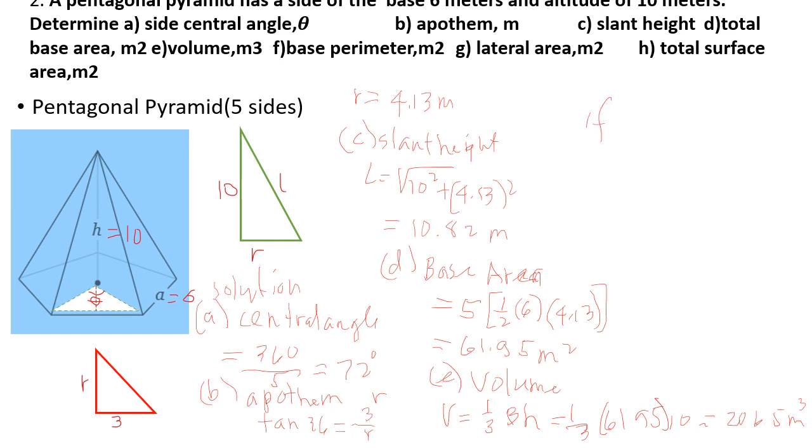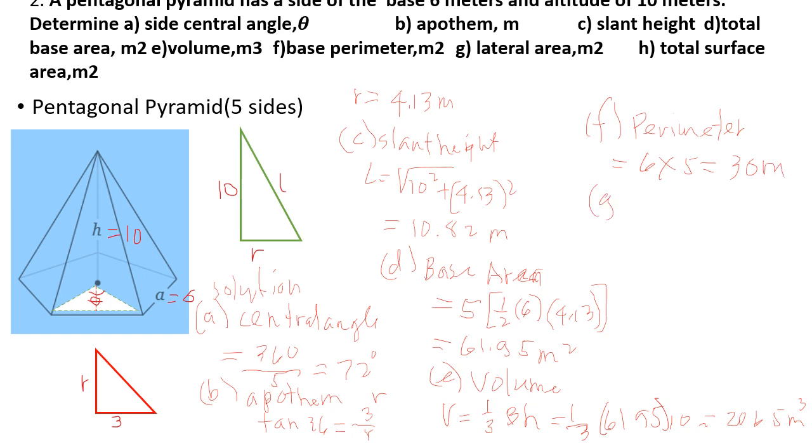Letter F is the perimeter of the base. So perimeter is equivalent to 6 times 5, equals 30 meters.